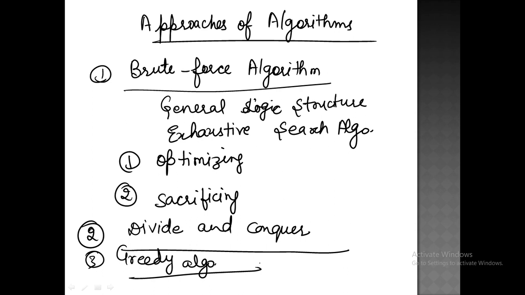And third approach is dynamic programming. Dynamic programming makes the algorithm more efficient by storing intermediate results.